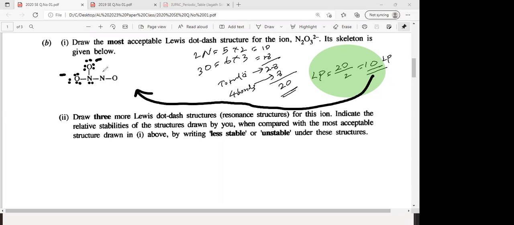This one I'll put 2 pairs. Why? Because nitrogen is less electronegative. But if you want, you can go for the resonance. You can put on oxygen also, no issues. After that, this is also good.